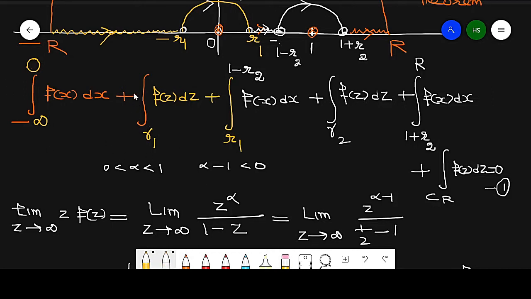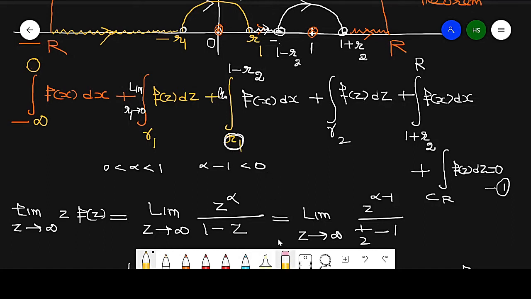And for this term, gamma 1, with r1 approaches 0 and r2 approaches 0, this limit is from 0 to 1.